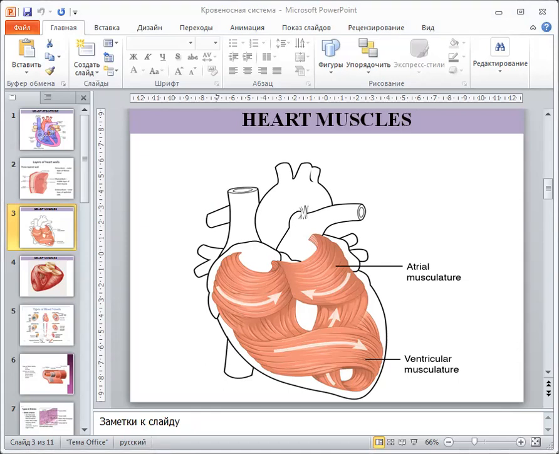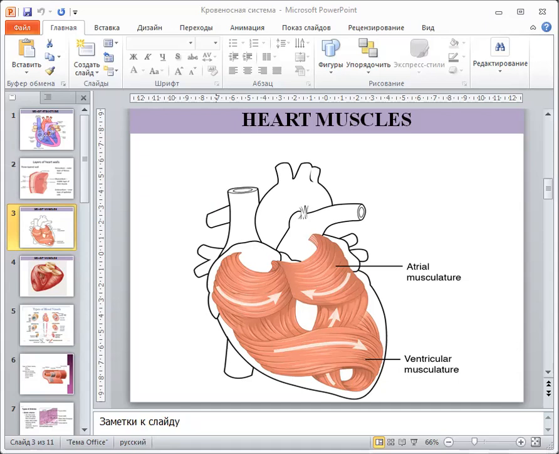The heart conductive system. Sinoatrial node is connected with atrial musculature. Atrioventricular node is located in the wall of the right atrium near the tricuspid valve. Between the ventricles, there are fibers which are called atrioventricular bundle.